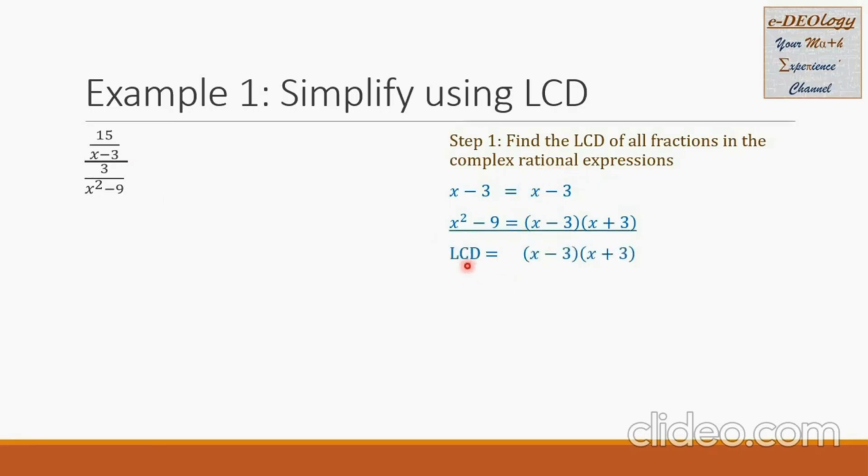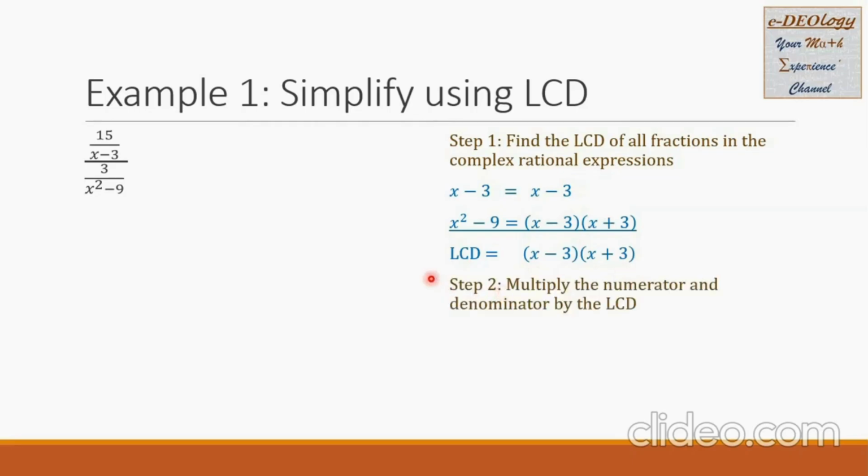So for the LCD, we are going to write all the factors, and in case of common factor, we are going to copy it one time. That is why in here the x minus 3 is copied once, and also the x plus 3 is copied also. So the LCD is x minus 3 times x plus 3.